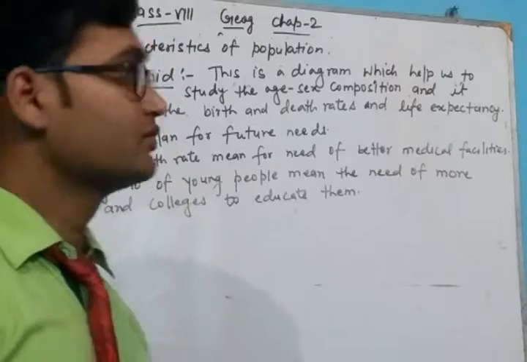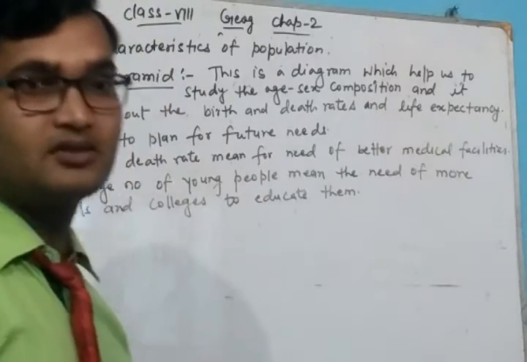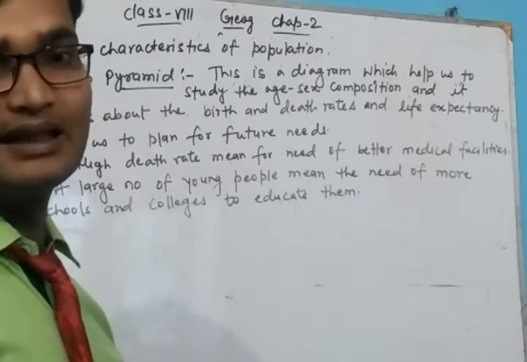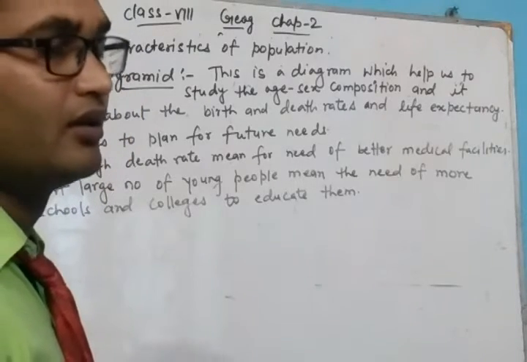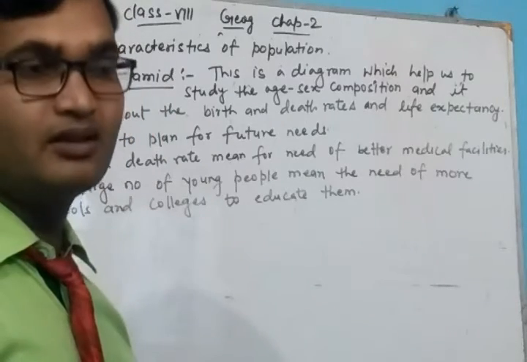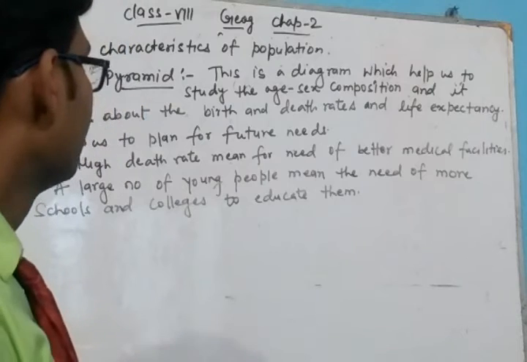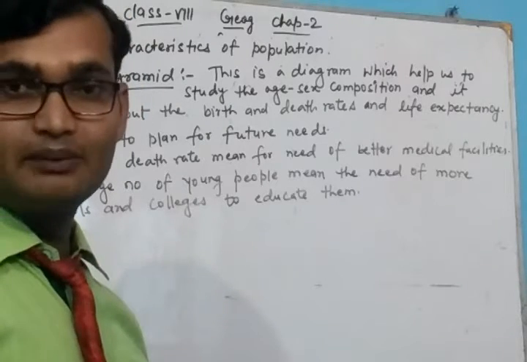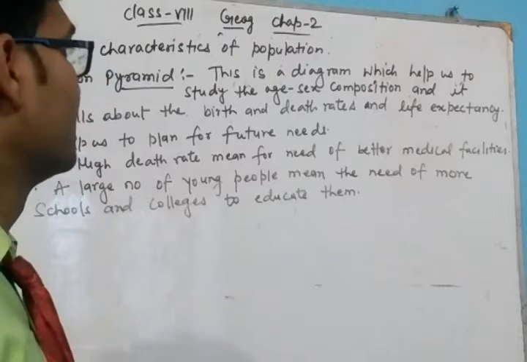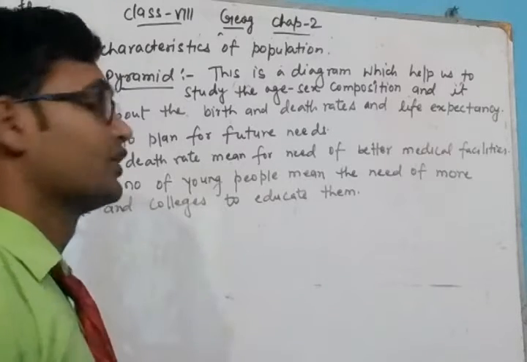If we know everything about the age-sex composition, the death rate, the birth rate and the life expectancy, then from this information we can understand better what we need and plan for the future.